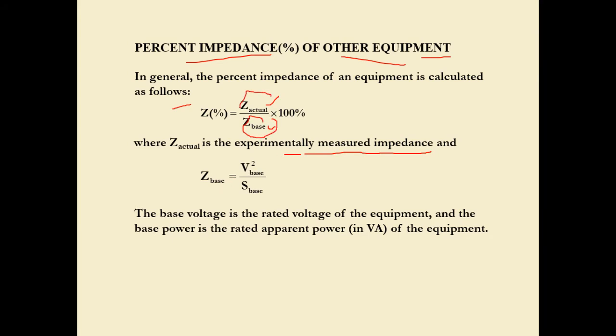The actual we just measure experimentally, and Z base we need to calculate from V base squared over S base. The base voltage is the rated voltage of the equipment, or the voltage rating in a nameplate, for example, you can simply find from there. And the base power S base is the rated apparent power of the equipment, basically represented in volt ampere.